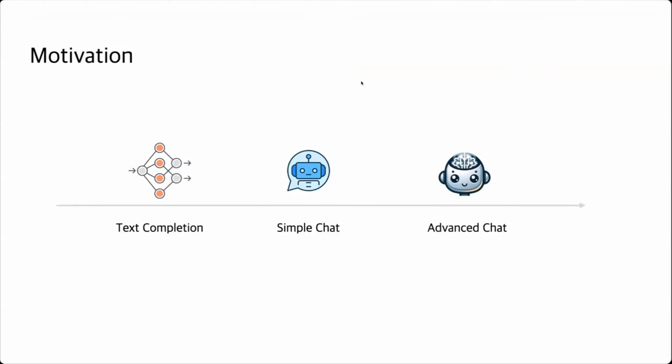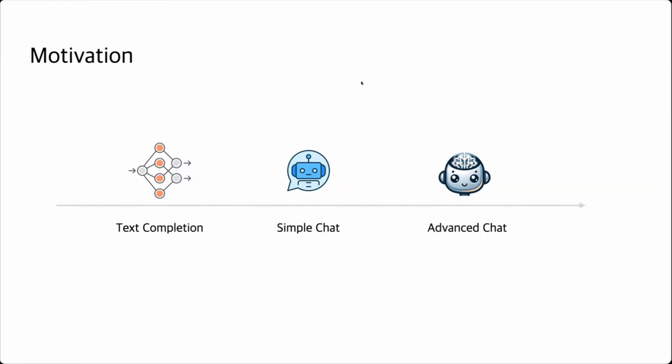First, let me introduce the motivation. The initial motivation behind this paper is actually quite straightforward. Over the past few years, we have witnessed the rapid development of large language models, with advances in AI alignment technologies such as instruction tuning and human feedback reinforcement learning.